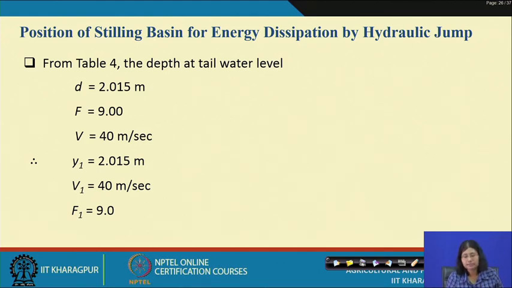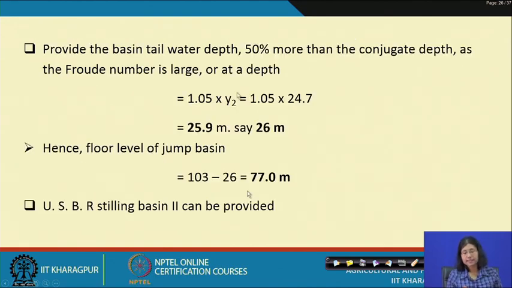Now, the position of the stilling basin for energy dissipation by hydraulic jump. From table 4, the depth of the tail water level is D equal to 2.015, F1 is the Froude number of 9. So, provide the basin tail water depth 50% more than the conjugate depth, as you remember y2 and y1 both, as the Froude number is large, at a depth of 1.05 into y2.